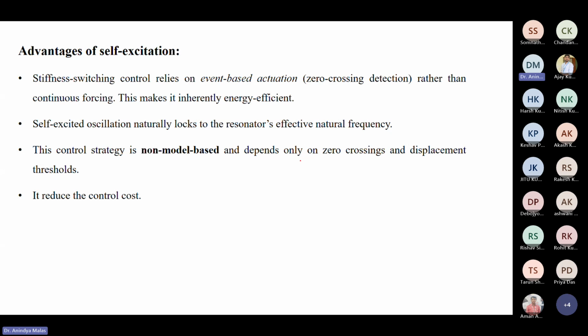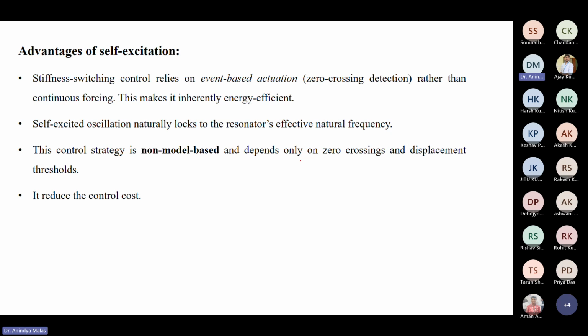Sometimes in a resonator, only oscillation is not desirable. Sometimes there are applications of chaos. It is very easy to generate chaos or different types of oscillation or nonlinear dynamics in the system, which you cannot generate by using an external force.